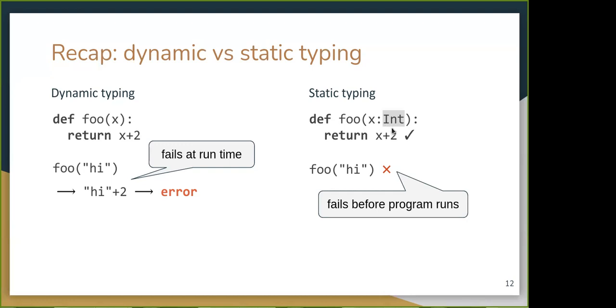And one thing to note is that statically typed languages don't have to have type annotations all over the place. Sometimes you have type inference, which looks at the program and infers these annotations automatically. This often happens in functional languages like Haskell, SML, or OCaml, stuff like that. And even in Java nowadays, you don't need to always write type annotations everywhere.